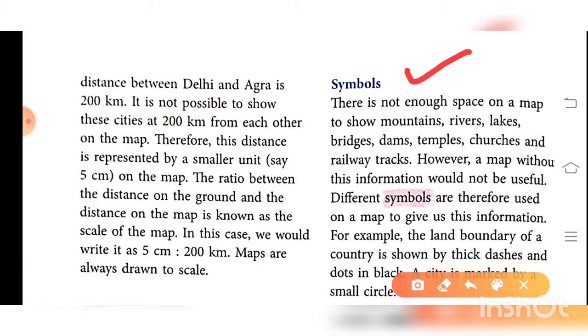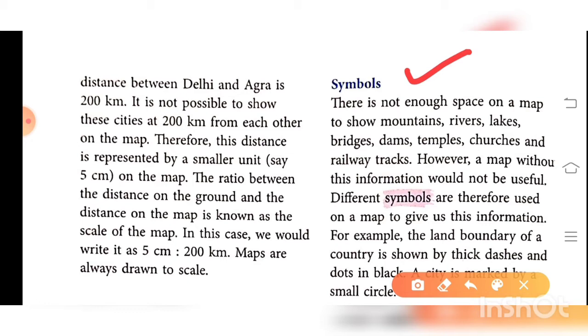There is not enough space on a map to show mountains, rivers, lakes, bridges, dams, temples, churches, railway tracks, etc. To present all these things, symbols are used, and you have noticed on the map there are different symbols which represent different things.